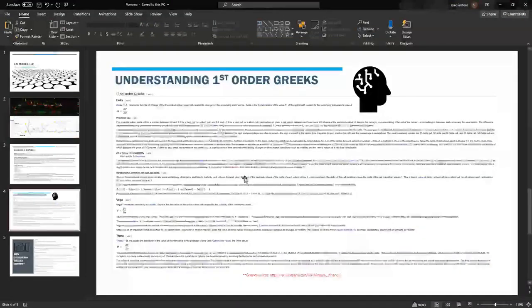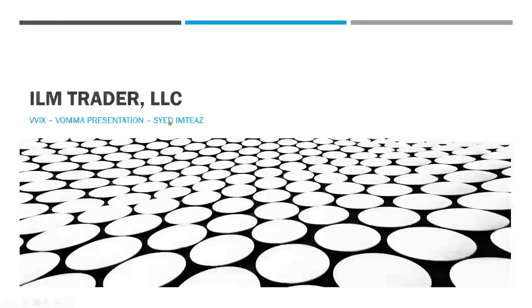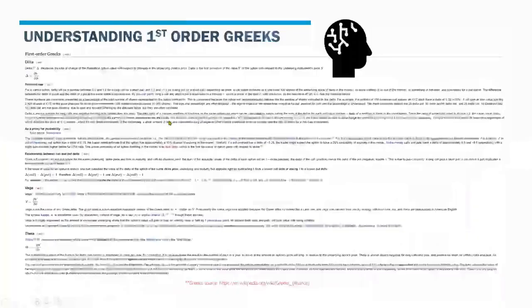Then going to the next item, this is a handy thing for you guys to have. I'll share the spreadsheet with you at the end of the session. This is about understanding the first order Greeks: we have delta, vega, and theta. This is a source I included for you, so you can click on the link and read more details about what each measures.